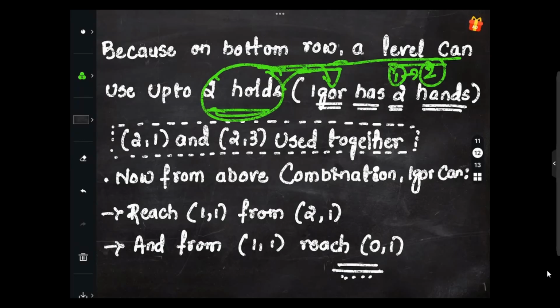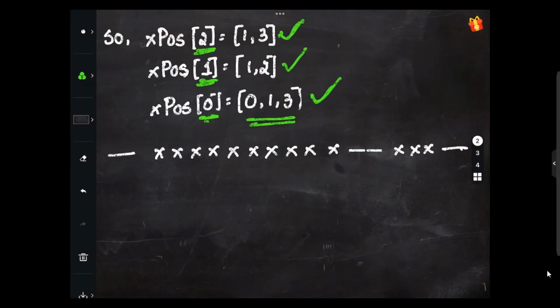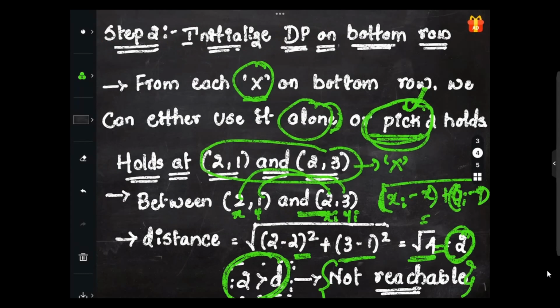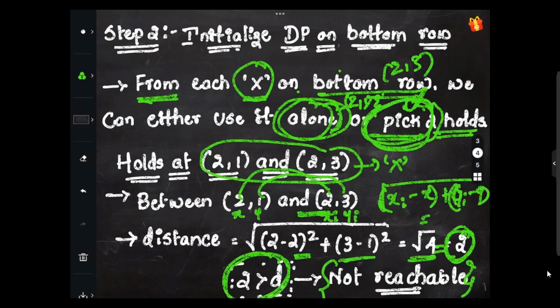While telling the approach, I said something. Let me look here, step 2. While discussing step 2, from each x on the bottom row we can either use it alone, we use 2 comma 1 and 2 comma 3 alone, or we can pick 2 holds.